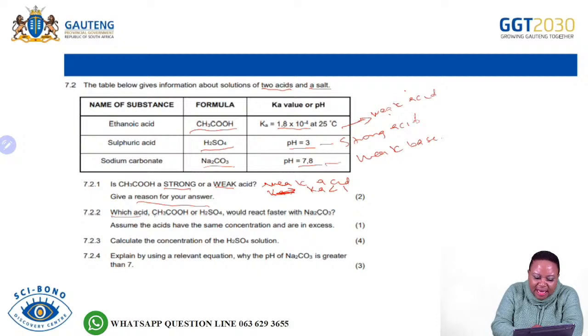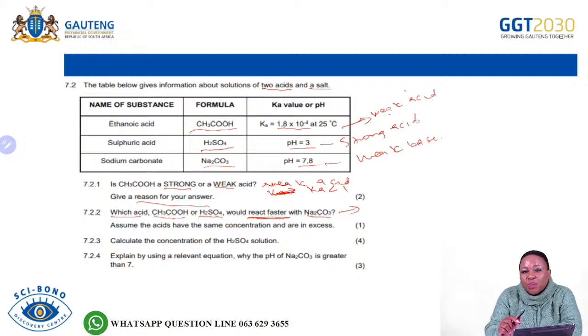Which acid, ethanoic acid or sulfuric acid, will react faster with sodium carbonate? What did we say about the reaction rate of weak acids and strong acids? We said the weak acid will react slower compared to the strong acid, meaning the weak acid will have a low reaction rate.